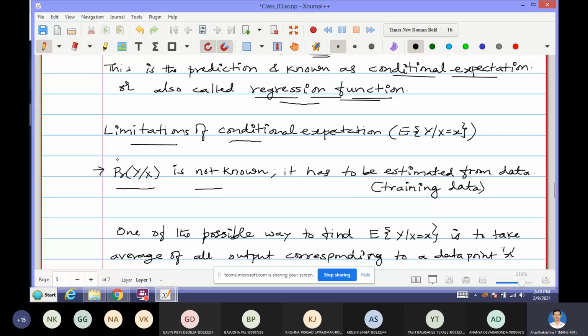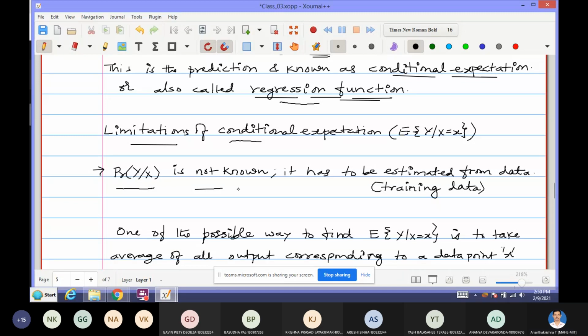So this conditional expectation in turn depends on the data set. Of course, we can determine it from the data set, but the question is how far the determined conditional probability represents the true one.